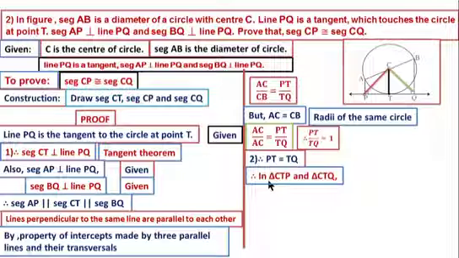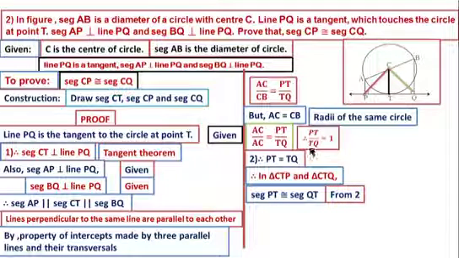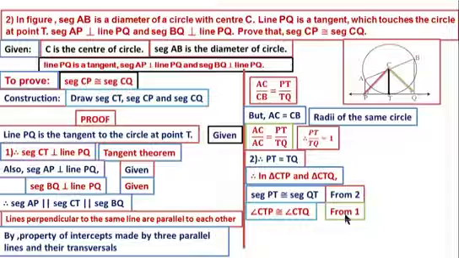And therefore in triangle CTP and triangle CTQ, segment PT is congruent to segment QT, from 2. Angle CTP is congruent to angle CTQ, from 1.